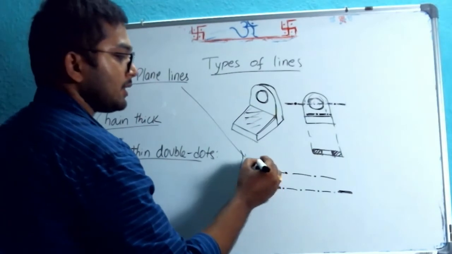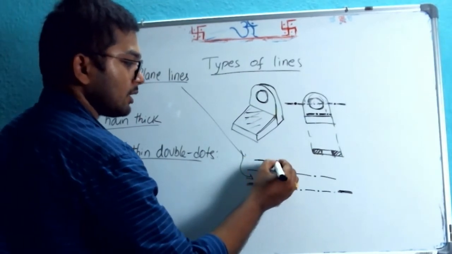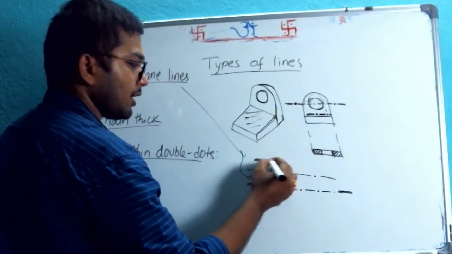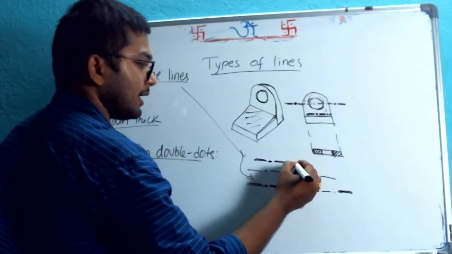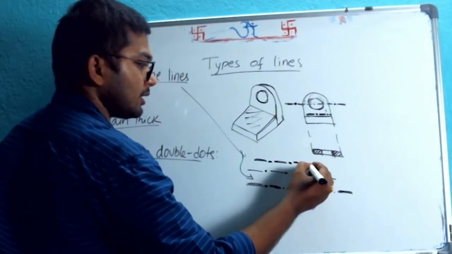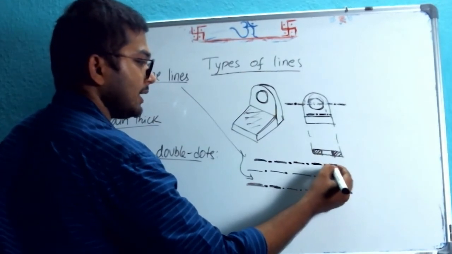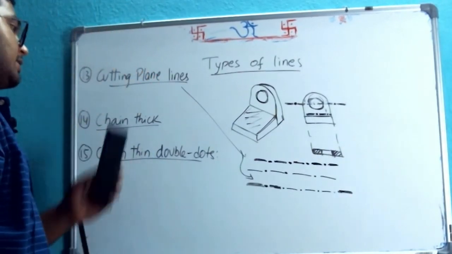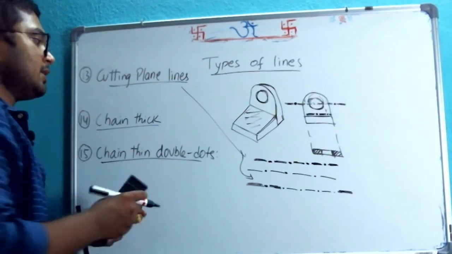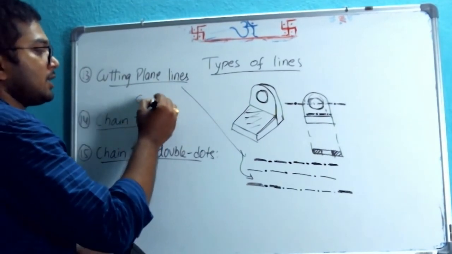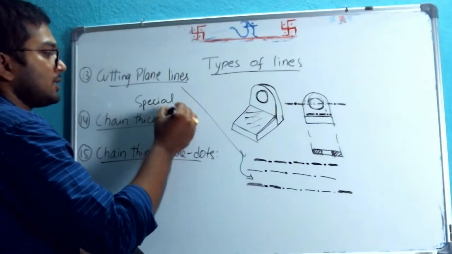That means everything will be same dash and dots, but from beginning to end, all the total line will be thick dots and thick dashes. That we call chain thick. That represents special surface treatments.